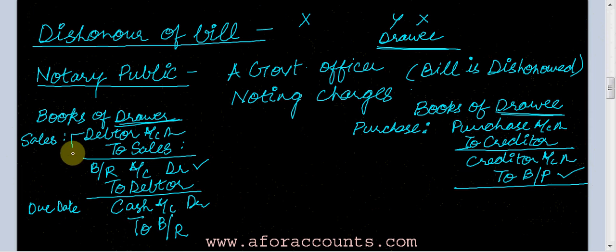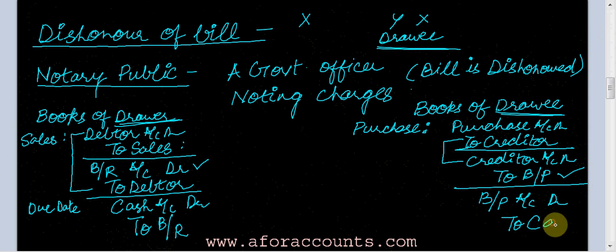Debtor debit and credit have been cancelled earlier, and I present the bill, I get the money. And here creditor is not in the picture. I need to pay, so bills payable account debit to cash or bank, whatever. I hope you have understood these simple entries. Okay.